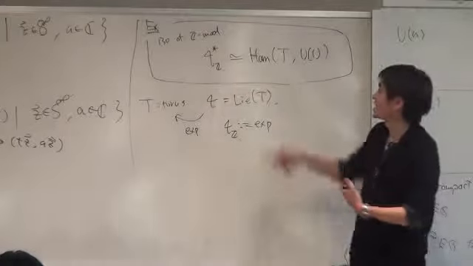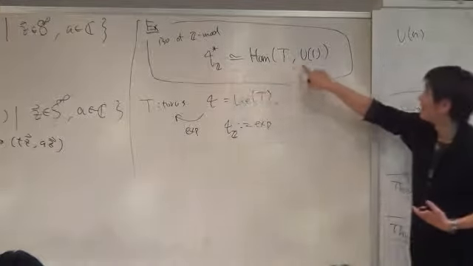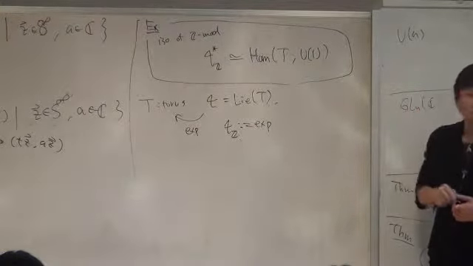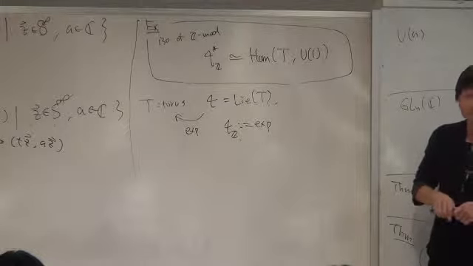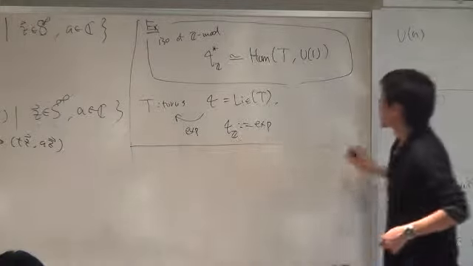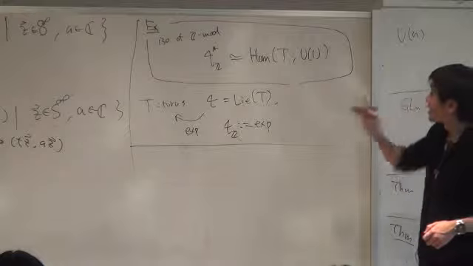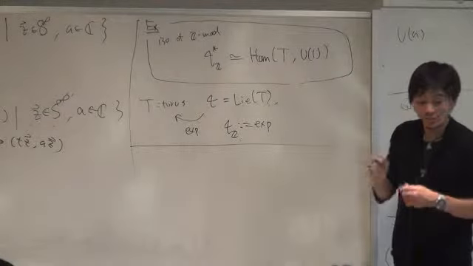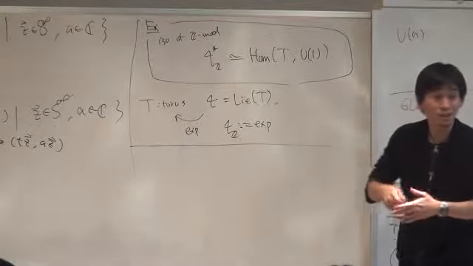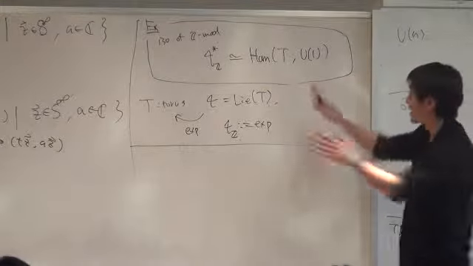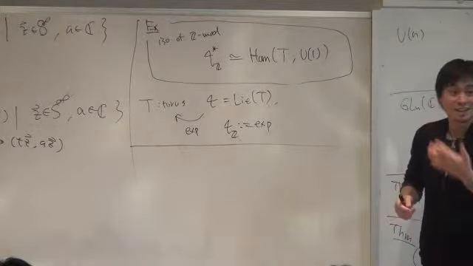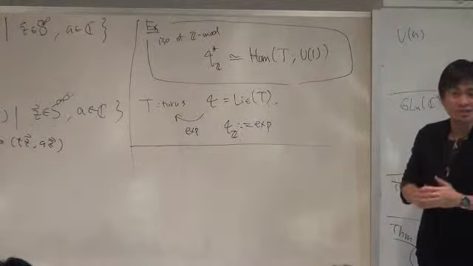But usually we identify the dual lattice and the homomorphisms from T to U1. You have to look at this exercise and work it out carefully, so this association feels very natural all the time.